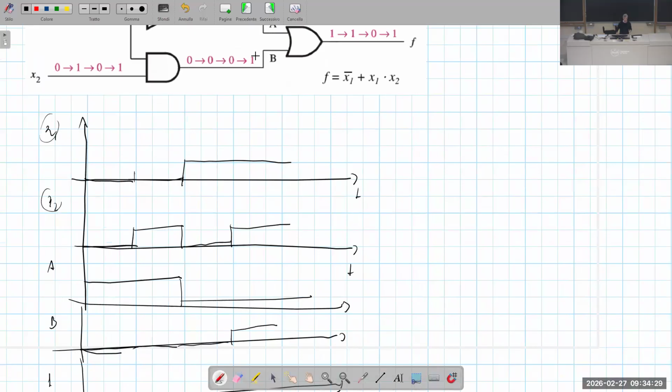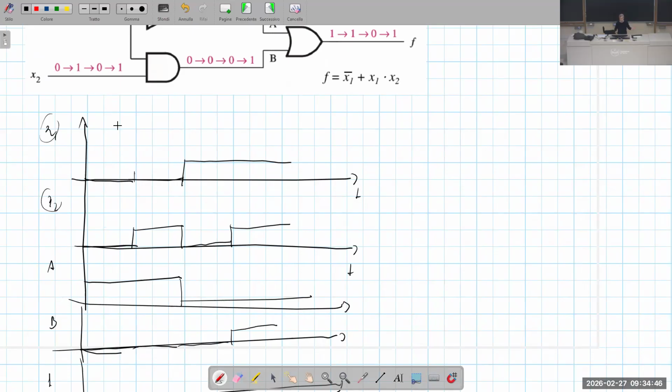In this way, when we have to analyze a simple combinational network, we start from the external inputs, in this case x1, x2, then we can evaluate directly the outputs of the gates that are just connected to external inputs.